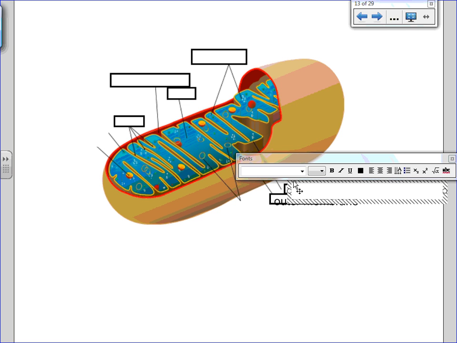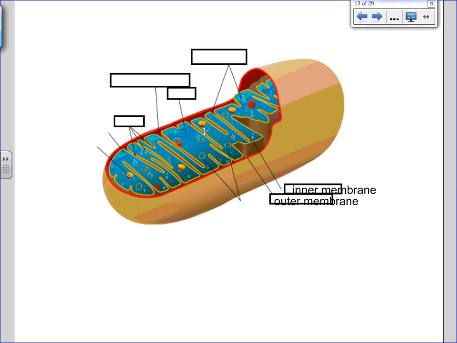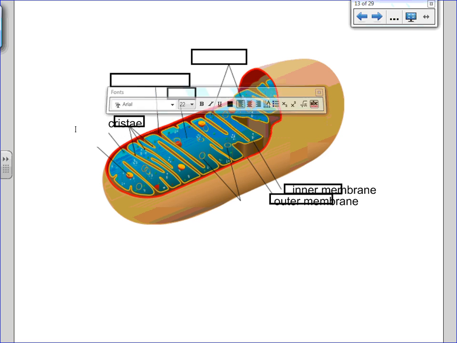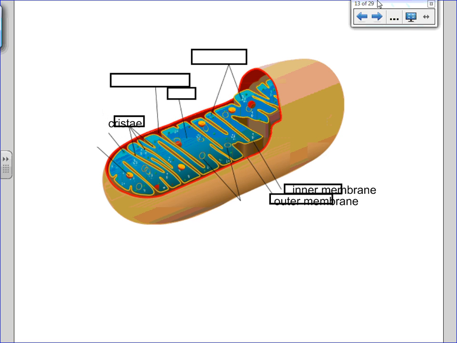This one is referring to the inner membrane, just one section of it. If it's pointing to the folds like this one, it's the inner membrane folded, so it's pointing to a few of the folds. They are the cristae.